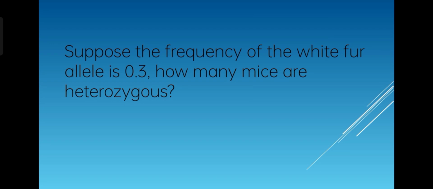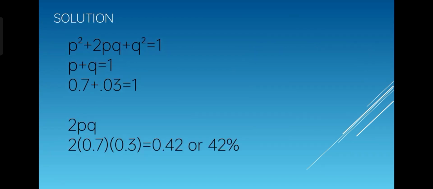Suppose the frequency of the white fur allele is 0.3. How many mice are heterozygous? In this question, we are asked about the white fur allele, or the recessive allele, which is 0.3. So we are asked how many mice are heterozygous. The solution is, we are going to find the dominant allele.